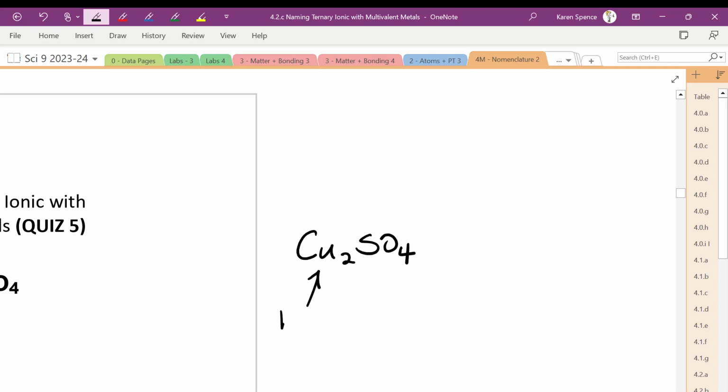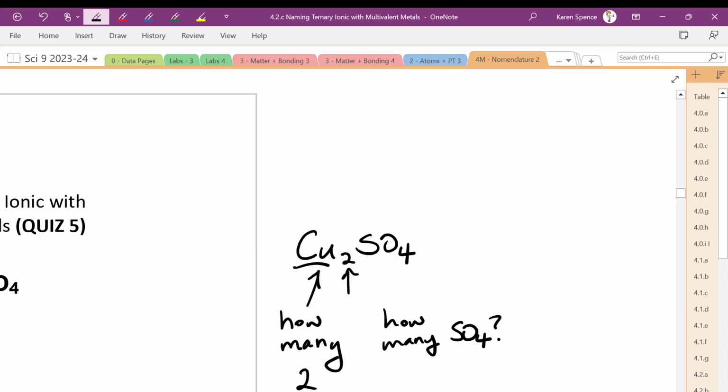How many Cu? How many coppers? 2, okay. How many SO4? Just 1 because there's no brackets.